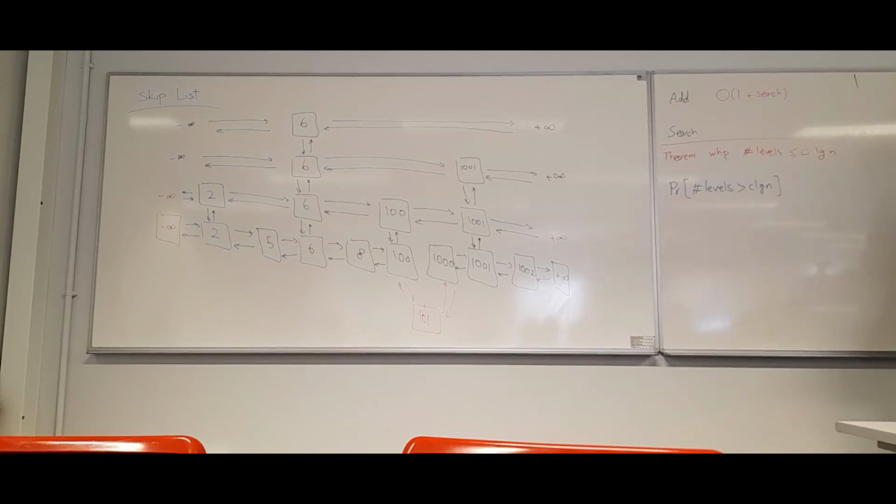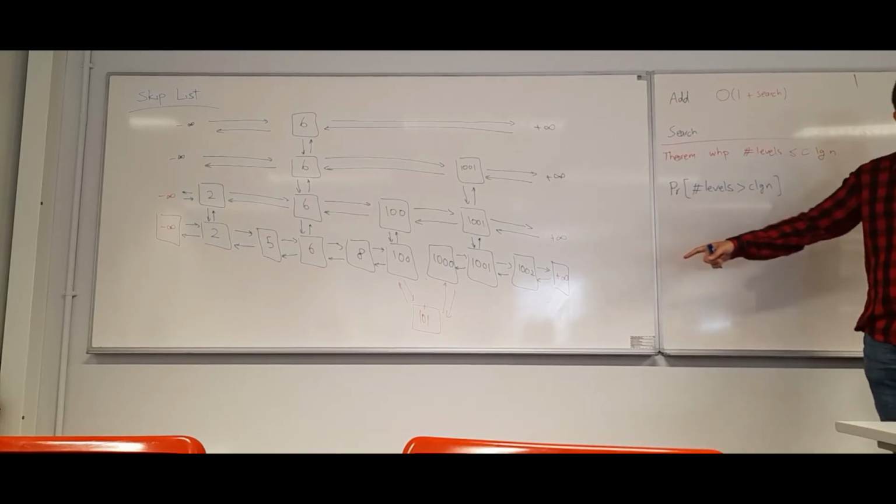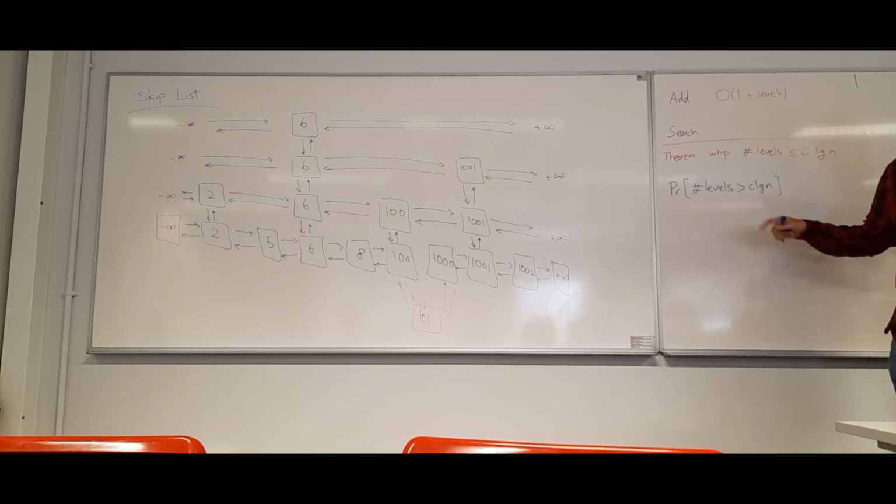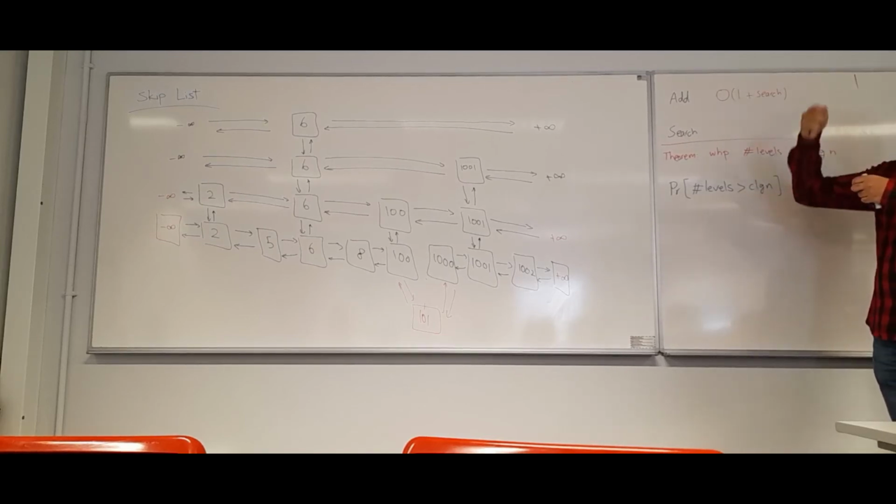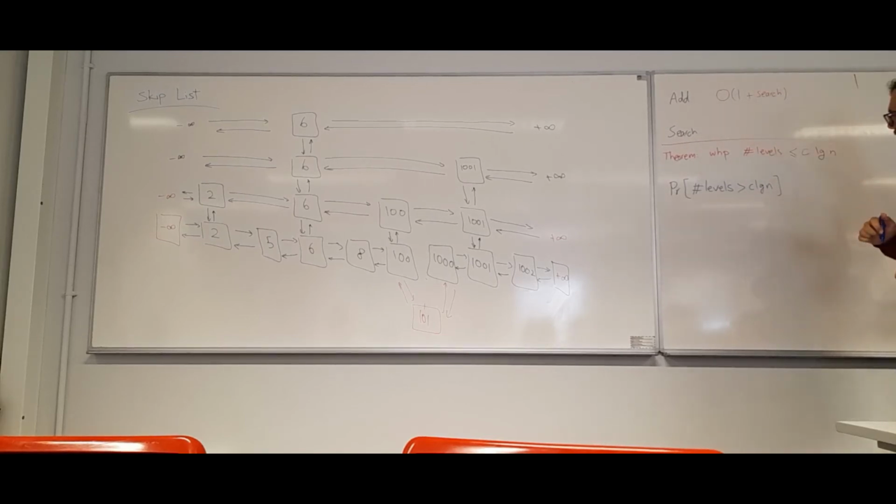When will I have more than some number of levels? When, in one of my additions, I get at least this many heads, and I just add this element in all of these levels, right?